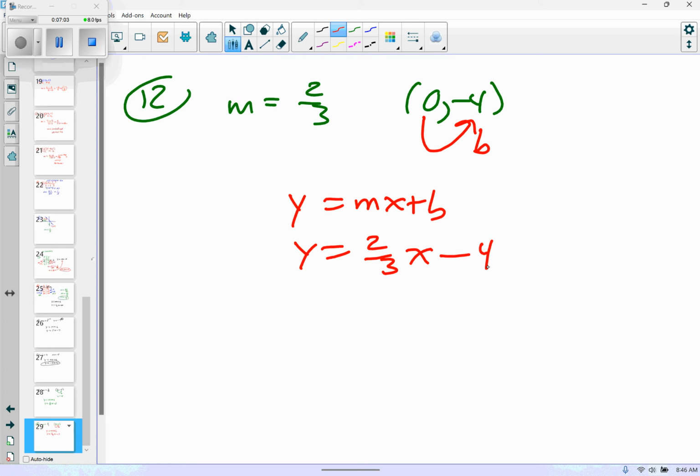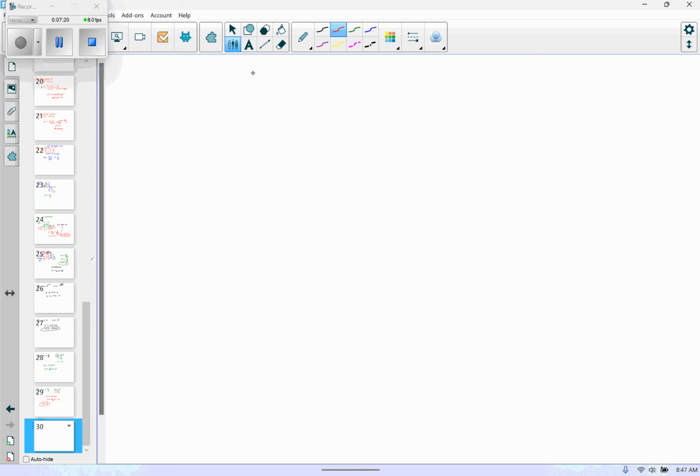So for the rest of the packet, I would like you to do 13 through 16 on that backside. But let's talk about something called point slope.